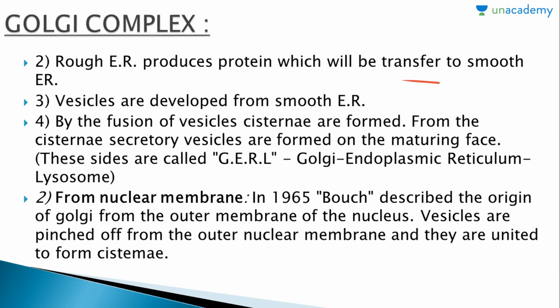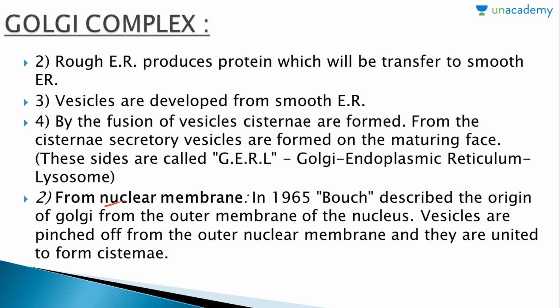Vesicles develop from the ER, and by the fusion of these vesicles, cisternae are formed. From the cisternae, secretory vesicles form at the maturing face. These sites are called GERL, the Golgi endoplasmic reticulum lysosome, which will form the lysosome at later stages.